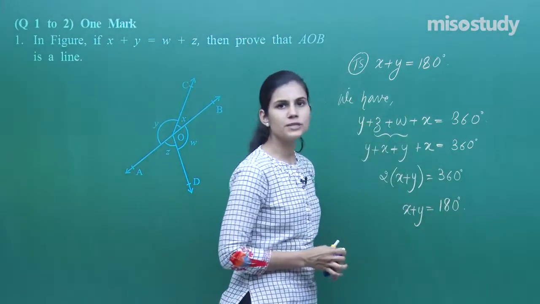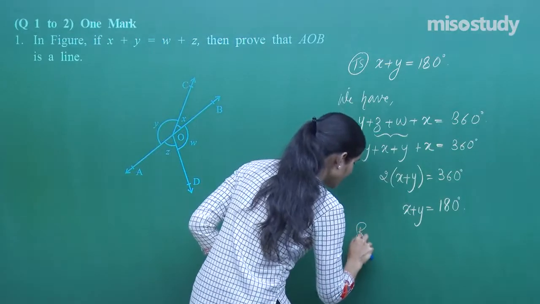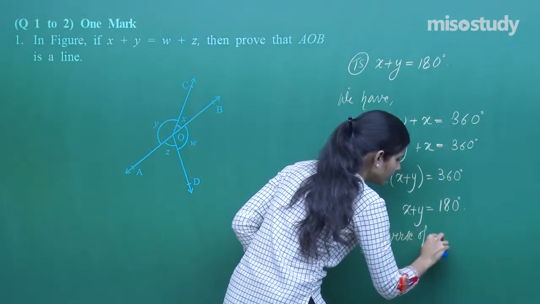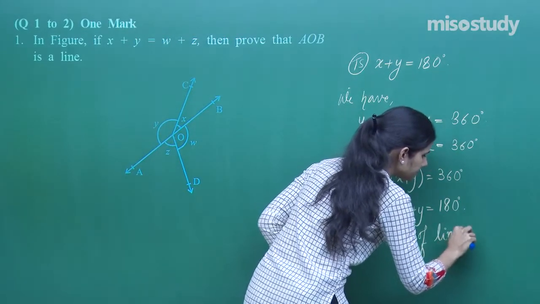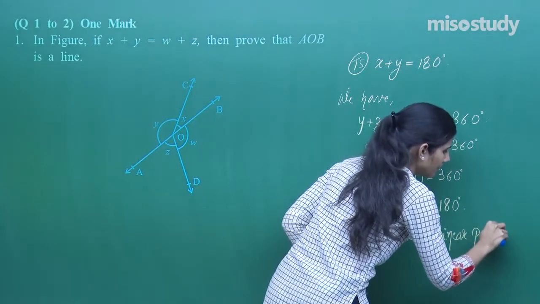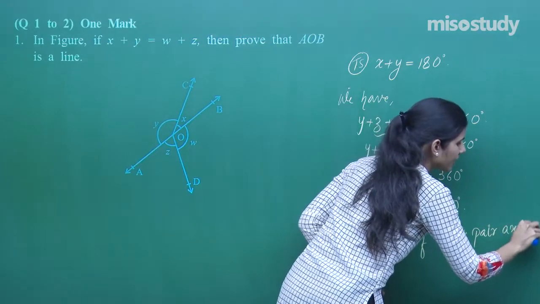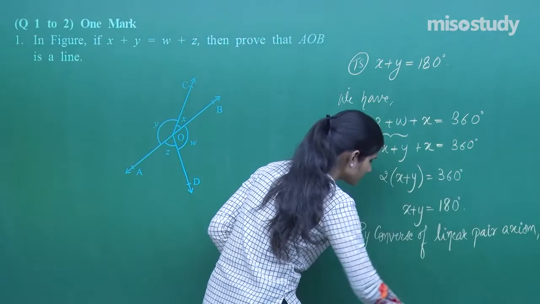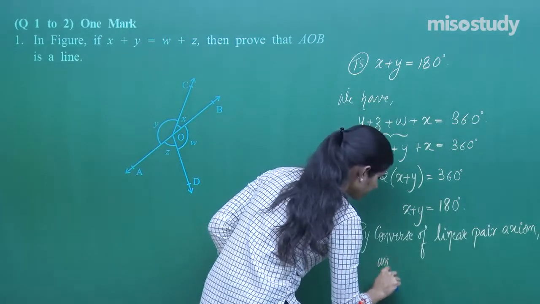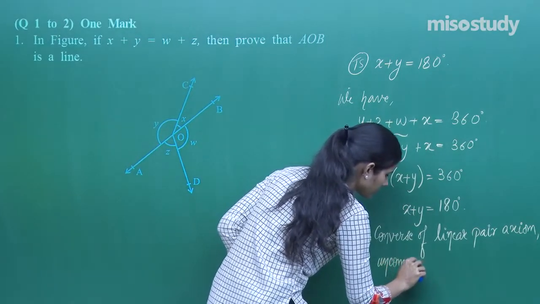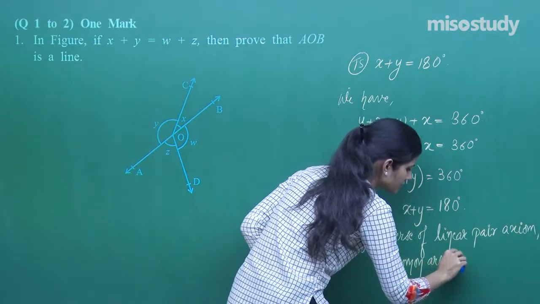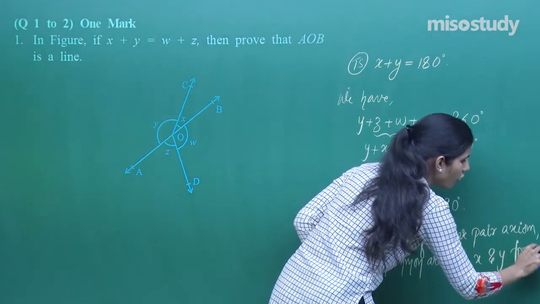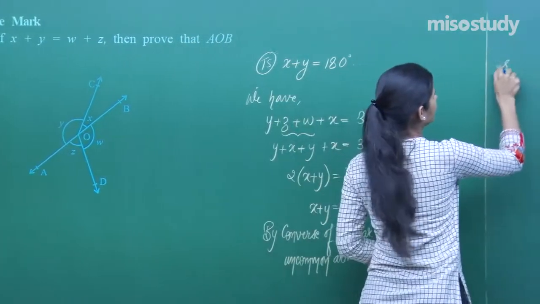The moment I have x plus y equals 180, I will say by converse of linear pair axiom, the uncommon arms of angle x and angle y form a straight line.